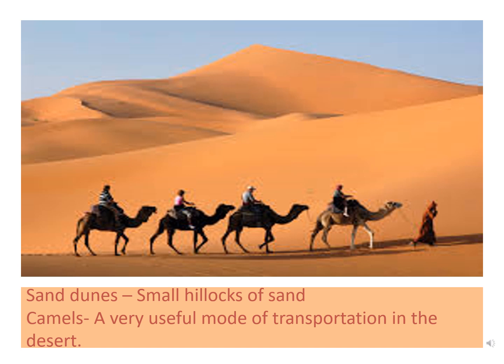Yes, children, you can see on the screen the hills which are formed. They are called sand dunes. They are not permanent. The camel which you can see is the most important means of transportation in the desert.